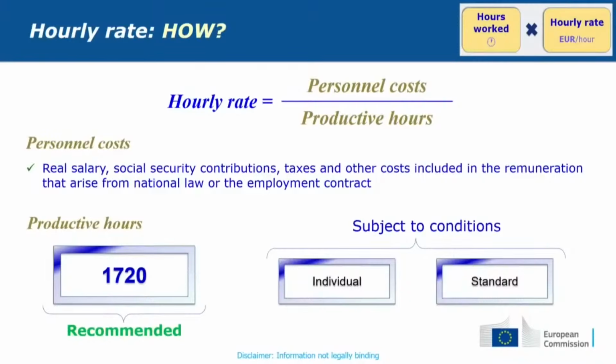And you also can calculate it person per person, taking into account the number of hours that the individual person worked during the year. We put these 2 options there, are also open. They are subject to conditions. If you don't like or you prefer not to use the 1720, please check carefully how and under what conditions you can use one of the other 2 options.